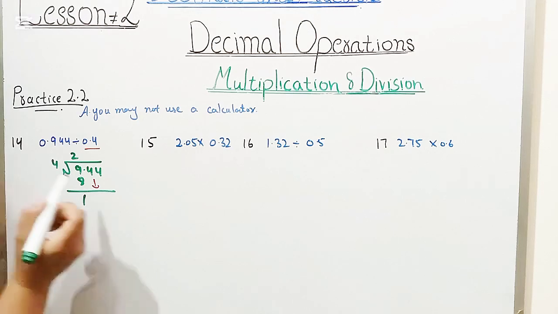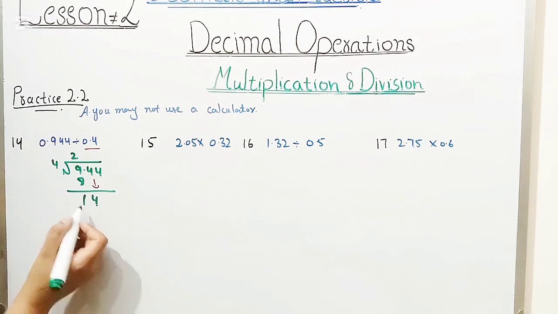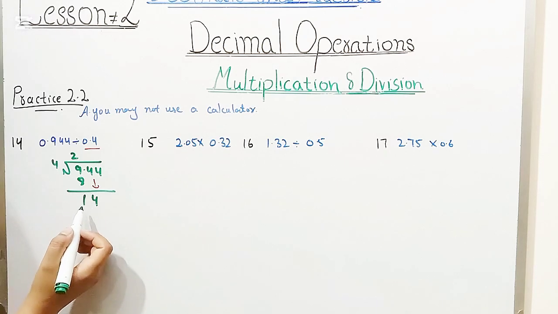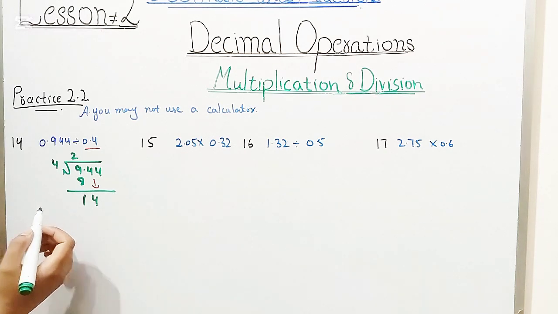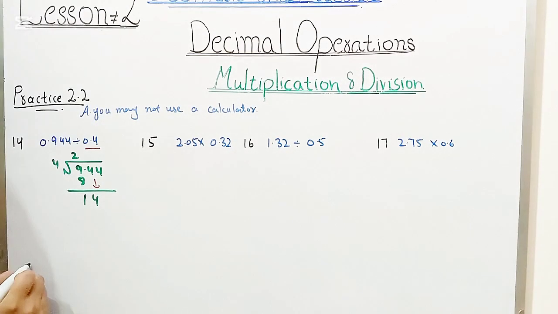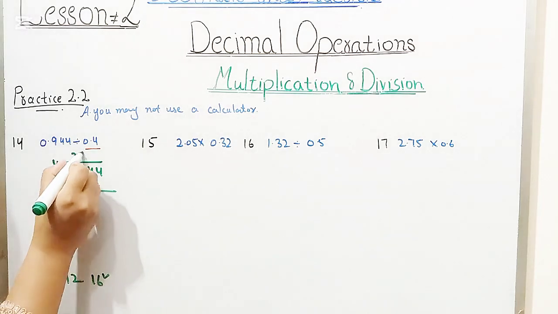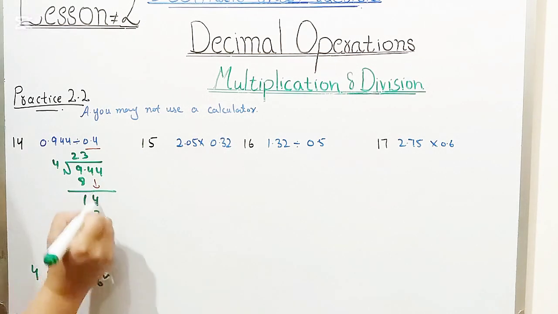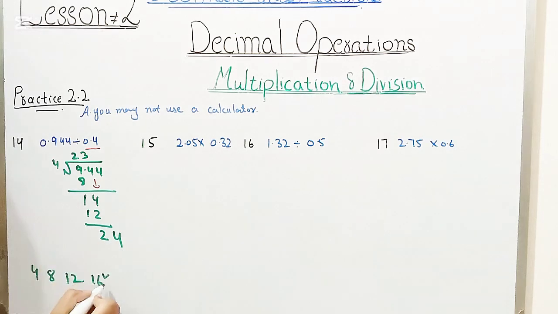Now 4 2s are 8, 4 3s are 12. 4 1s are 4, 4 2s are 8, 4 3s are 12, 4 4s are 16. Now 16 is a bigger value. Now I will write 4 3s are 12. Then 2, I will subtract it. Then 4.